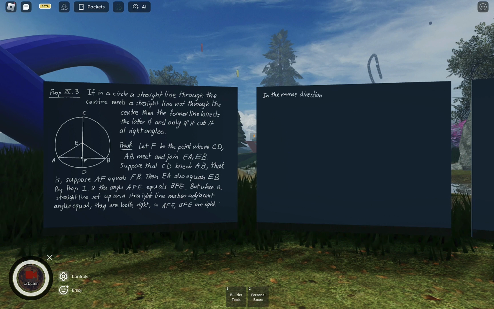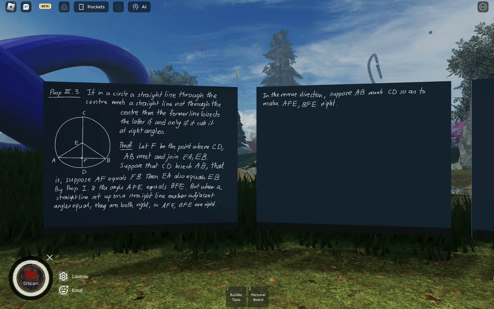So now we're not assuming that CD bisects AB. We're assuming that AB meets CD. Then you can draw the diagram and suppose that AFE and BFE are both right. Now we aim to show that AF is equal to FB.